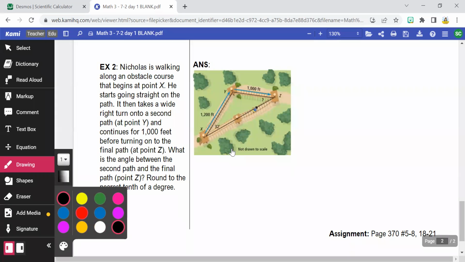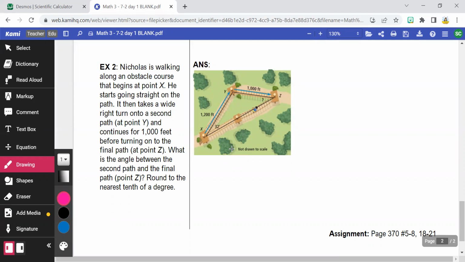Nicholas is walking along an obstacle course that begins at point X. So he's starting here at point X. He starts going straight on the path and he takes a wide right turn at point Y and continues for 1,000 feet. Notice that it is labeled for the first path. He traveled 1,200 feet. That's across from angle Z, so that's technically lowercase z, if I look at the way the diagram is.